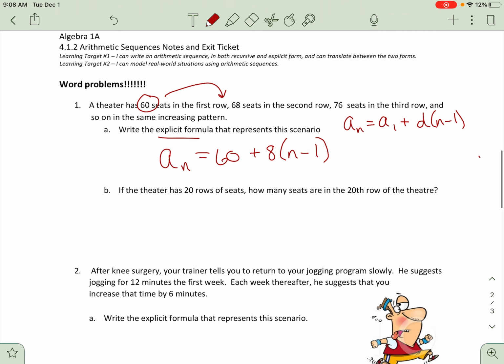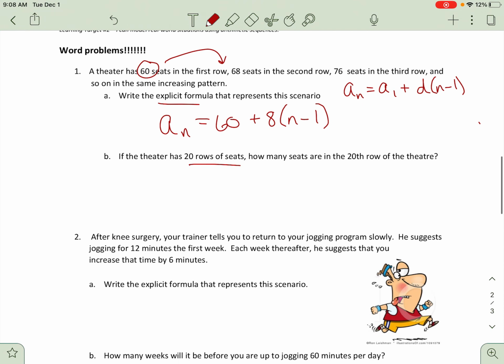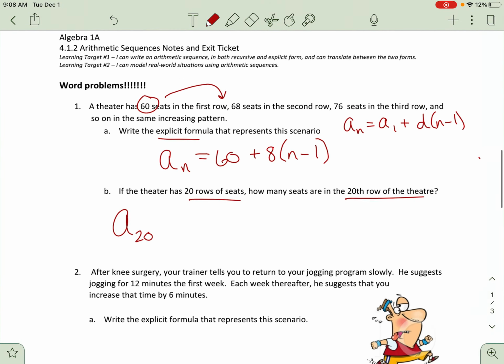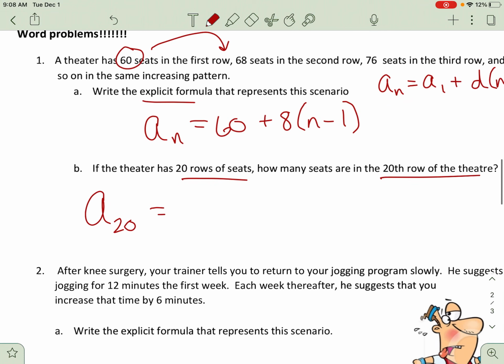All right, so now if the theater has 20 rows of seats, how many seats are in the 20th row of the theater? Okay, so what we want to know is, what's the 20th term? Okay? And so we have, this is equal to 60 plus 8 times 20 minus 1.